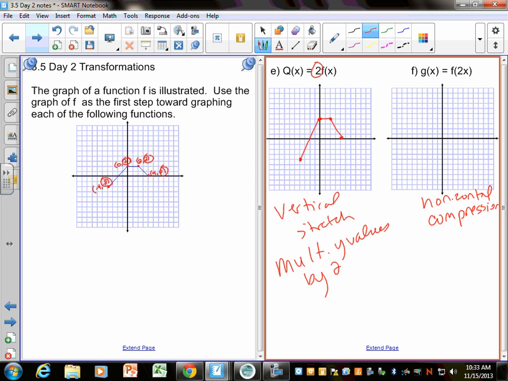And it says replace x with a times x, but only do it with your x's, because it's horizontal.